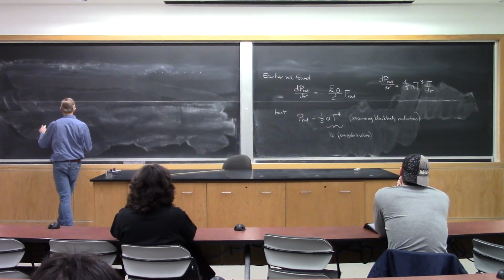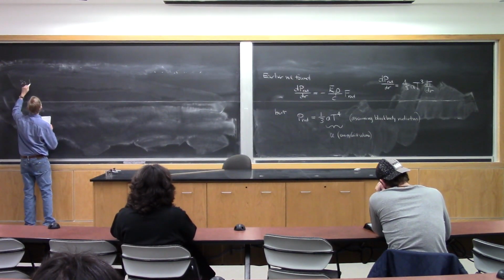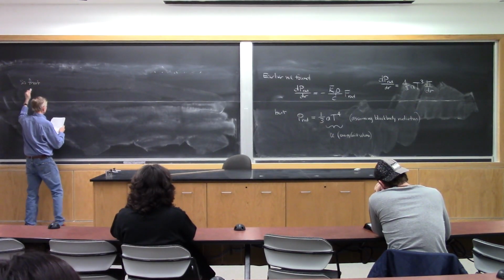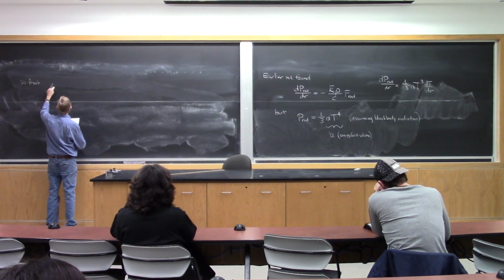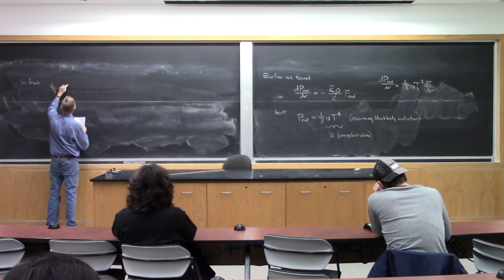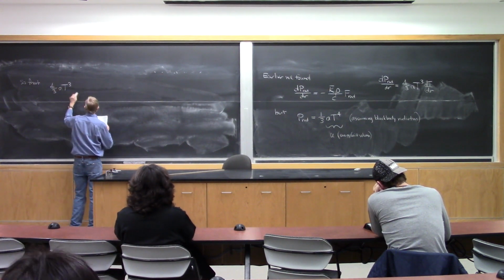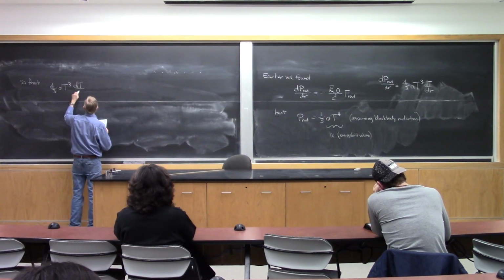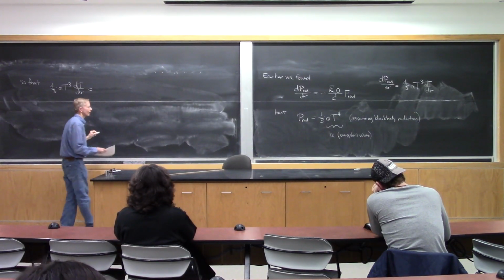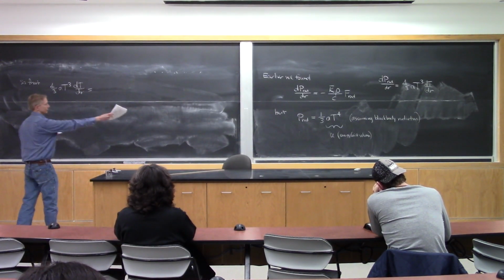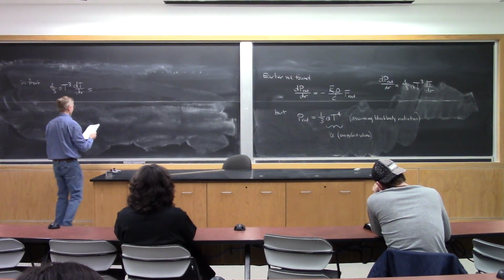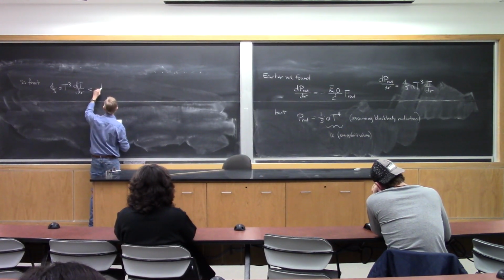So four-thirds a T cubed dT/dr, right, that's dP_rad/dr, is equal to the right-hand side, minus kappa bar rho over c F_rad.